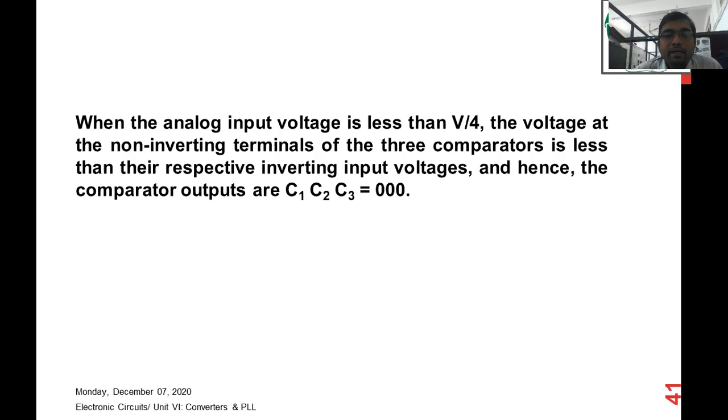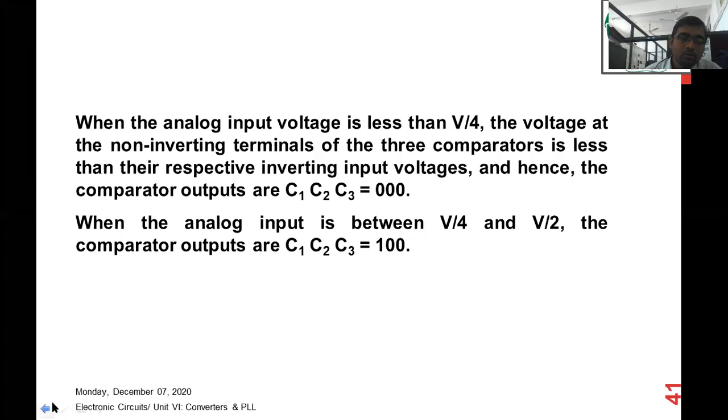So we take one case: when the analog input voltage is less than V upon 4. We are starting from the ground level and moving towards the maximum positive reference voltage. When the analog input voltage Vi is less than V upon 4, the voltage at the non-inverting terminal of these three comparators is less than their respective inverting voltages. Hence, in this condition, the comparator outputs C1, C2 and C3 would be 0, 0, 0.